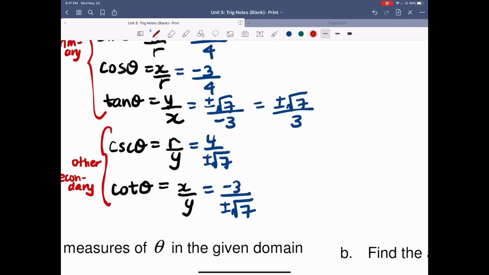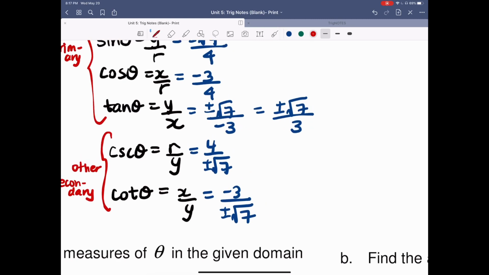The ones on the bottom, I have a radical in the denominator, so I need to rationalize by multiplying by the square root of 7, and I get 4 square root 7 over 7, and I can just move the plus minus sign to the numerator. And same idea for the bottom.